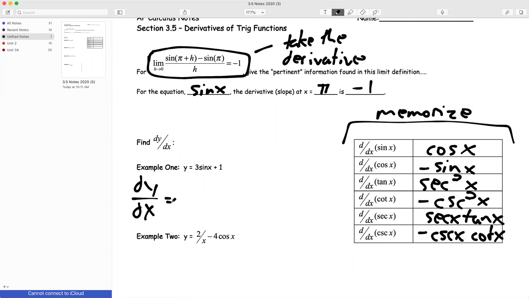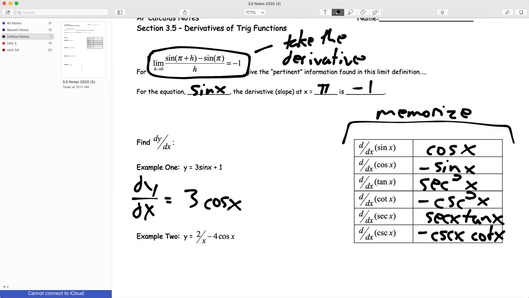Product rule is first times the derivative of the second plus second times the derivative of the first. So I'm going to take my first term, which is 3, multiplied by the derivative of the second term, sine of x. Derivative of sine of x is cosine of x. And then the second part of the product rule is just 0.